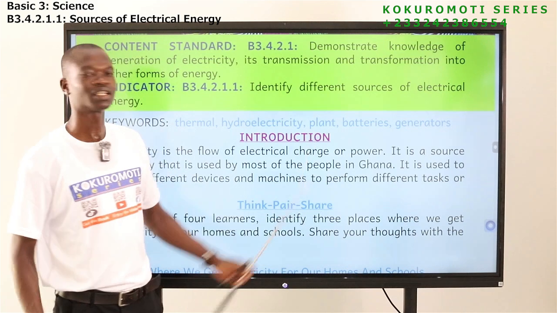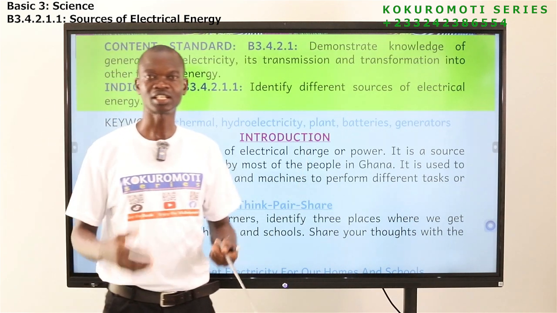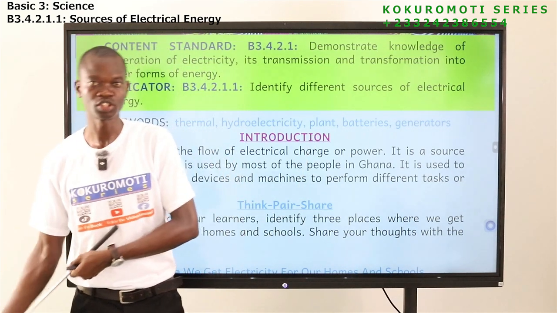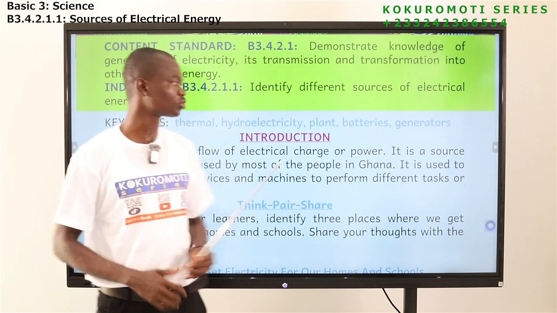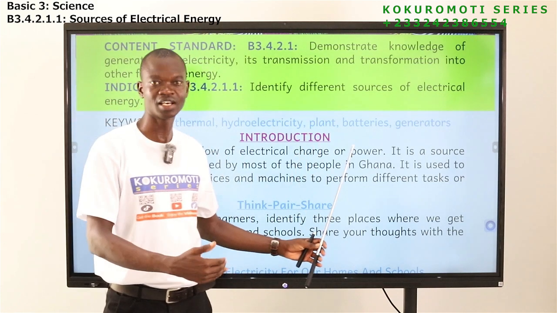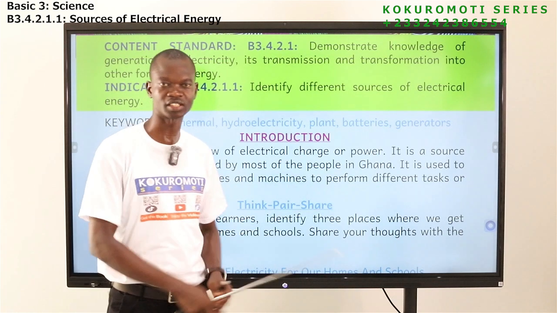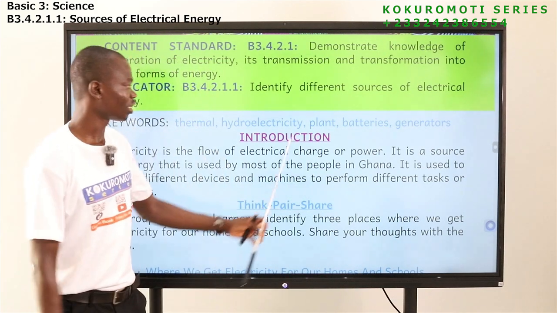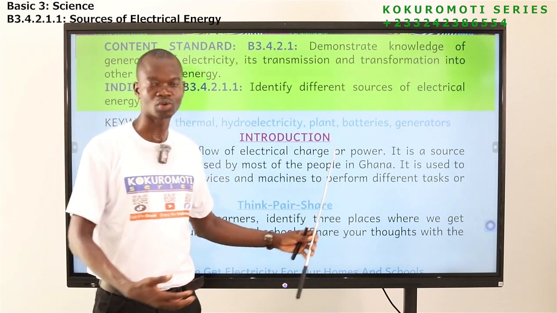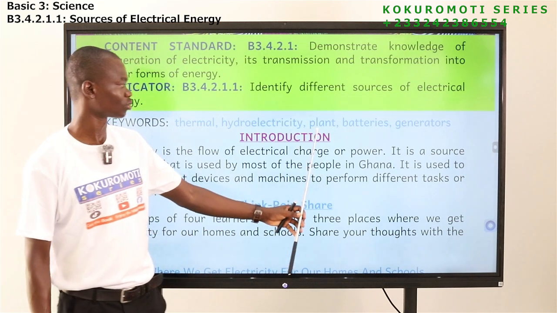This same word can also mean a machine that is used to convert one form of energy into another one. So we have a plant that can produce electricity.